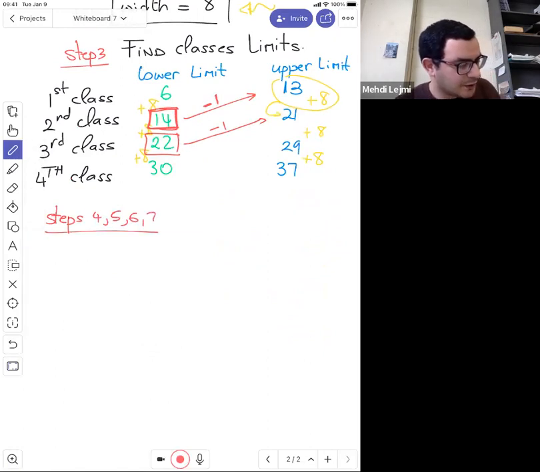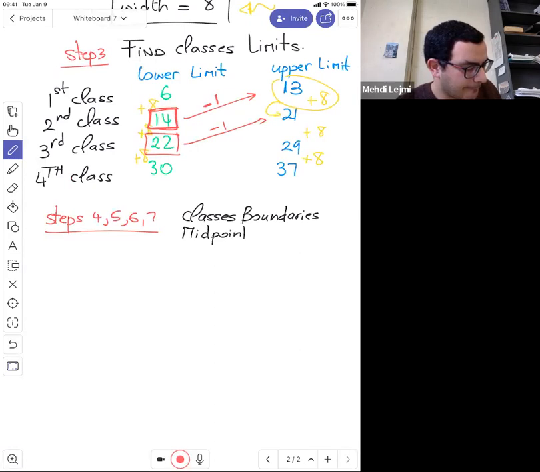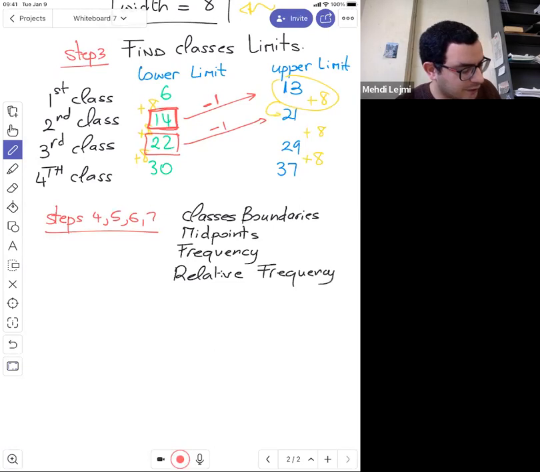So we have the class boundaries. You need to find the midpoints, the frequency, then the relative frequency, and then the cumulative frequency.